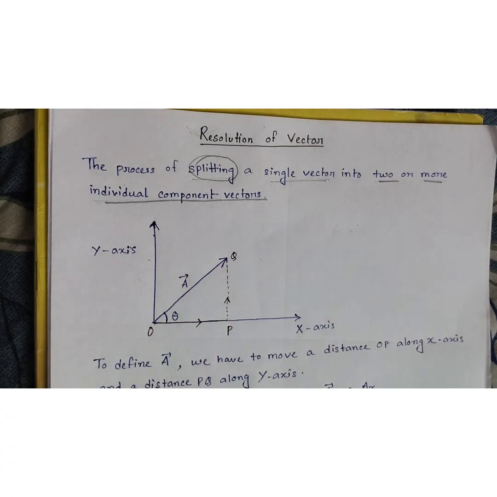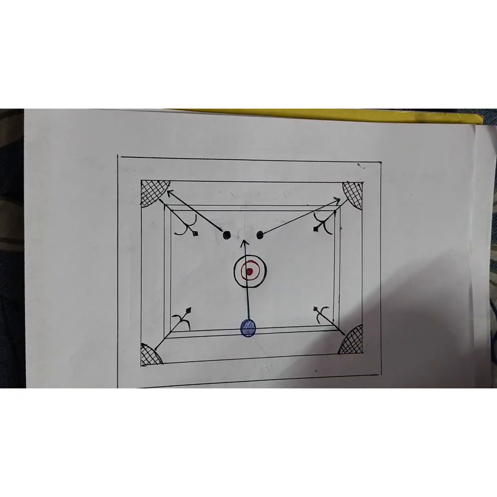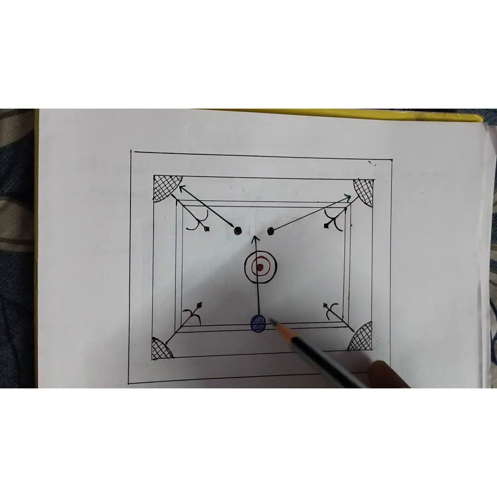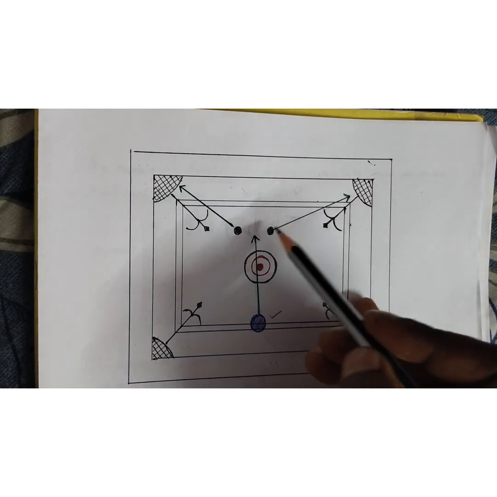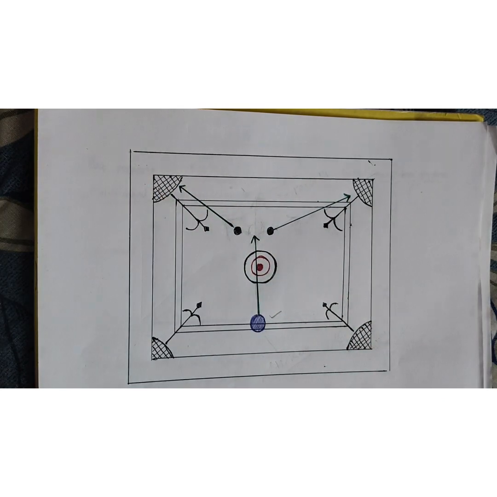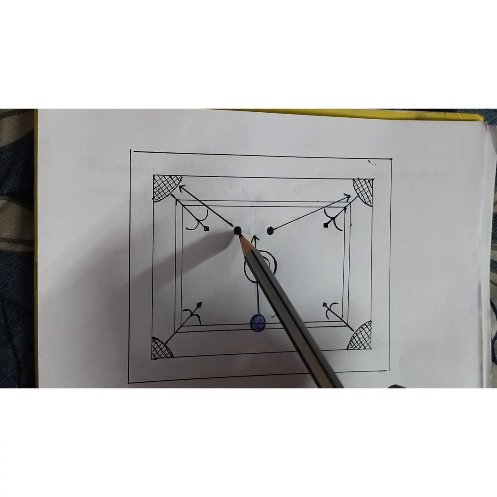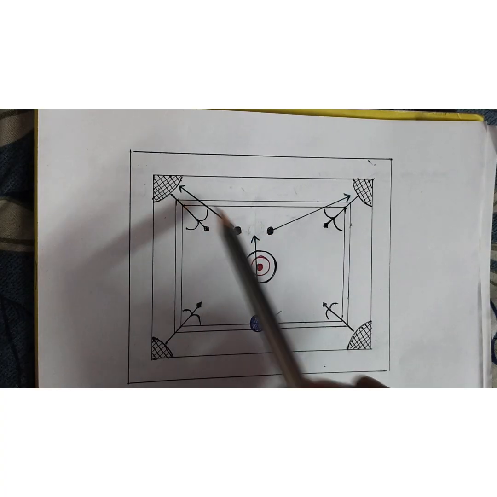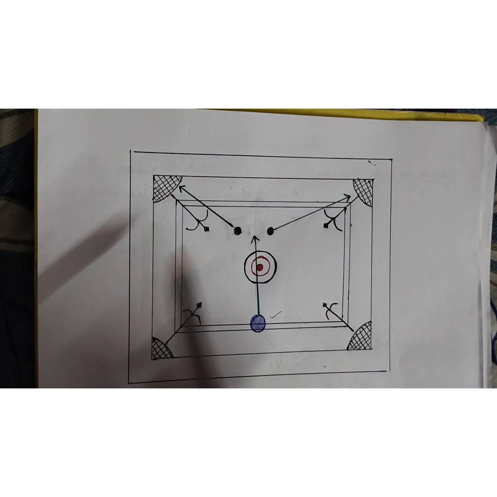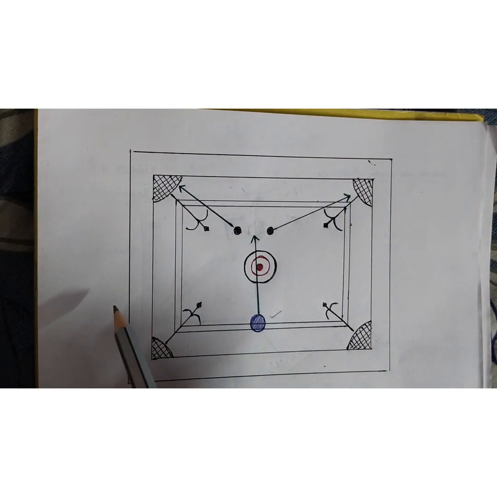Now I think most of you have played this game, carom. This is a carom board where this is the striker, these are the points, and these are the pockets. Now we are targeting these 2 points; I want to pocket both of them. This point will go in this direction and get into the pocket.